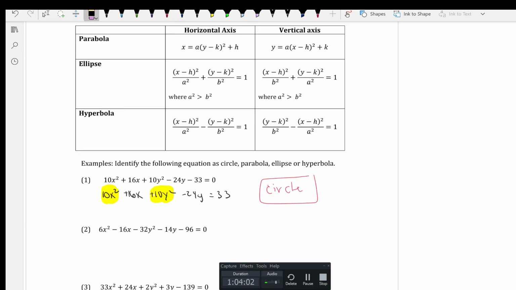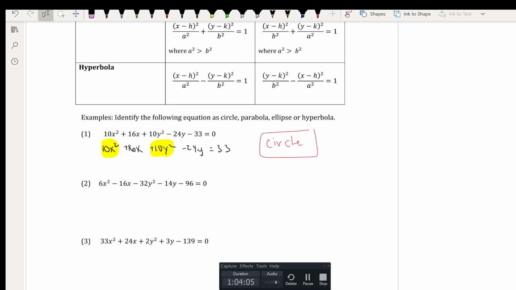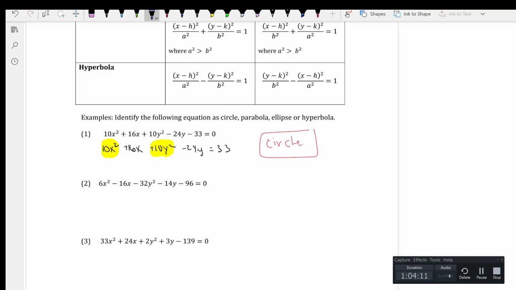Okay, so let's go to the next one. So again, a big part of it is just making sense of it for yourself. So here I have my 6x squared minus my 16x minus my 32y squared minus my 14y is equal to a positive 96.